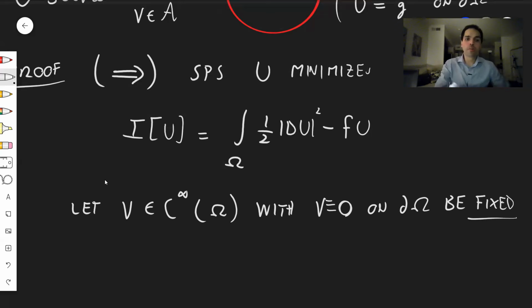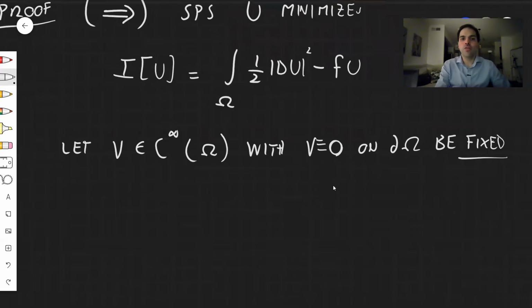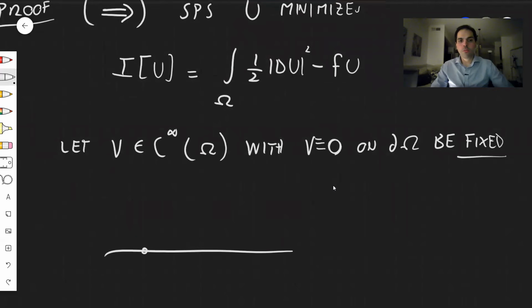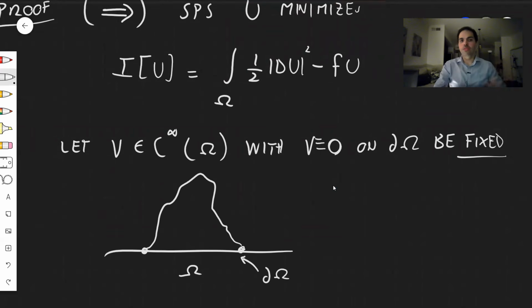So we consider an arbitrary function v that is 0 on the boundary. In terms of a profile picture, if this is omega and this is the boundary, v is just 0 here, and then it's whatever in the middle, but 0 on the boundary. So again, kind of like fixing a wave string at 0.